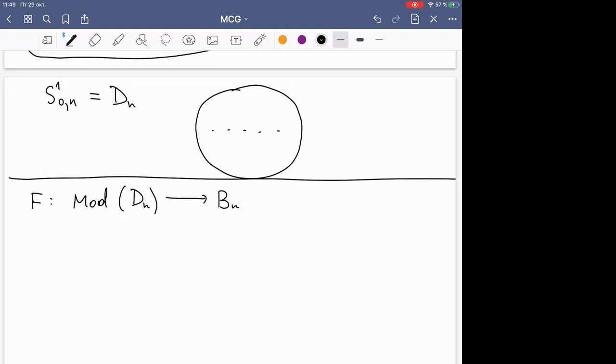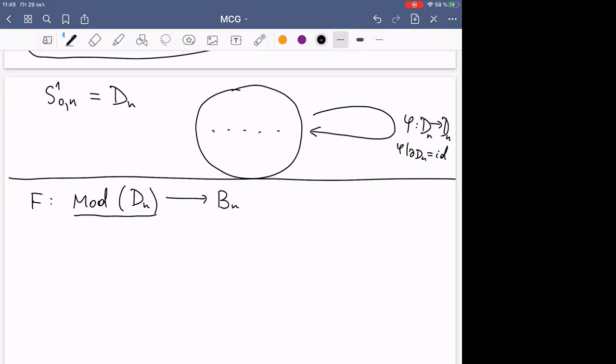This mapping class group can be represented by an orientation preserving homeomorphism of the n-punctured disk to itself, which fixes the boundary pointwise, so it is identical on the boundary.